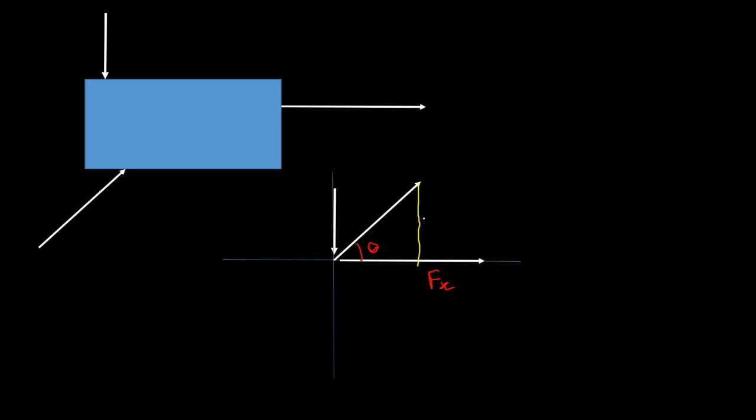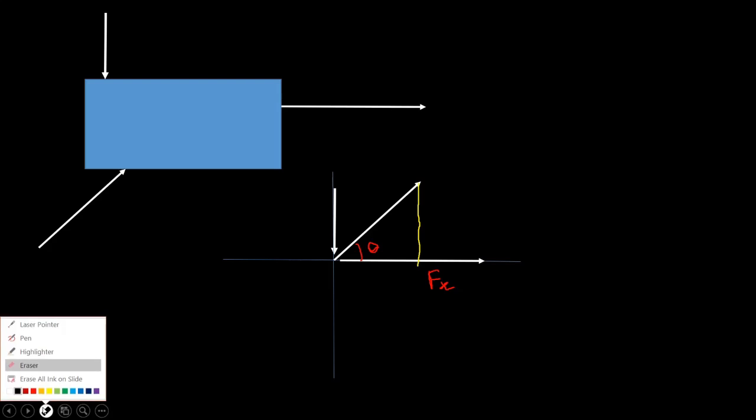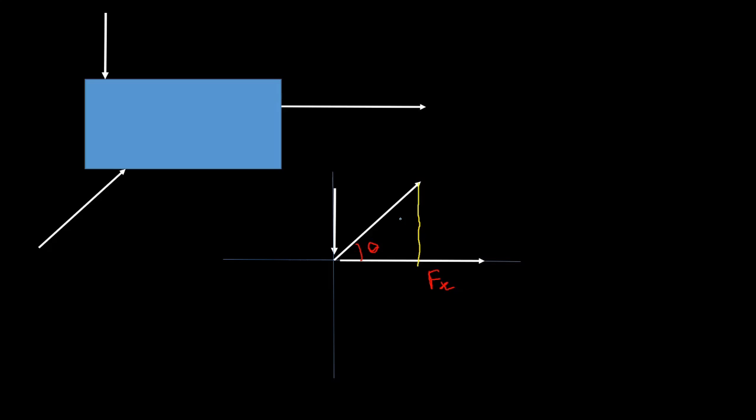This value, these are all F. This is also F, and this is also F. So this would be F sin theta from trigonometry, and from this point to this point would be F cos theta.